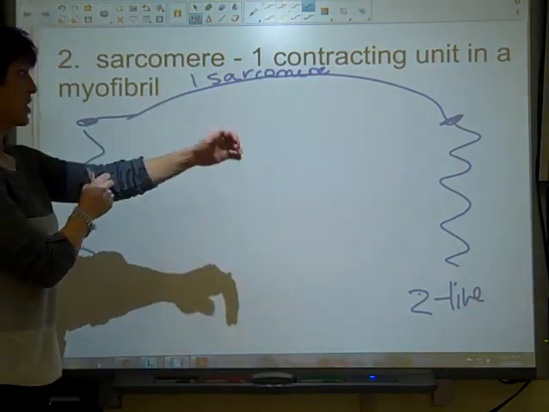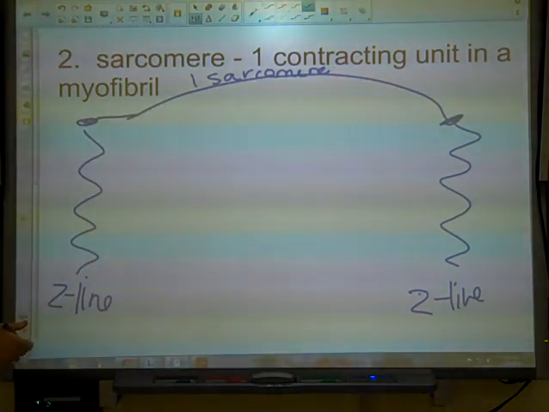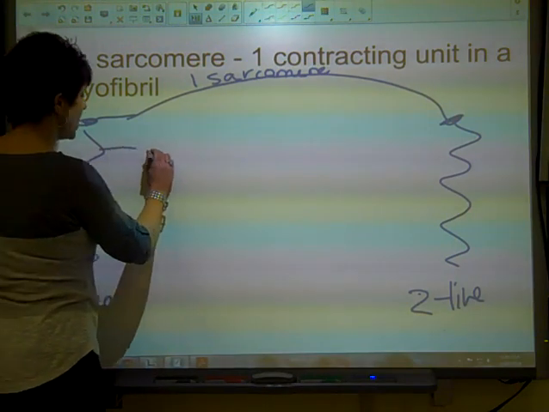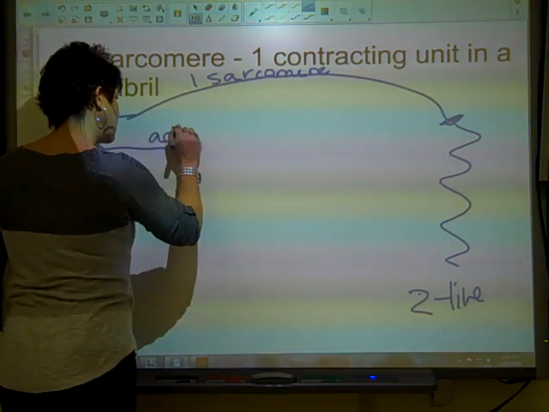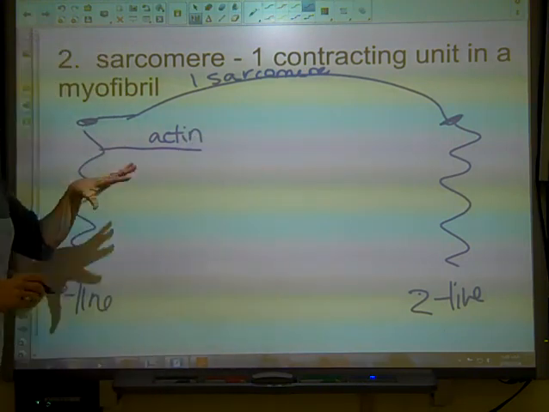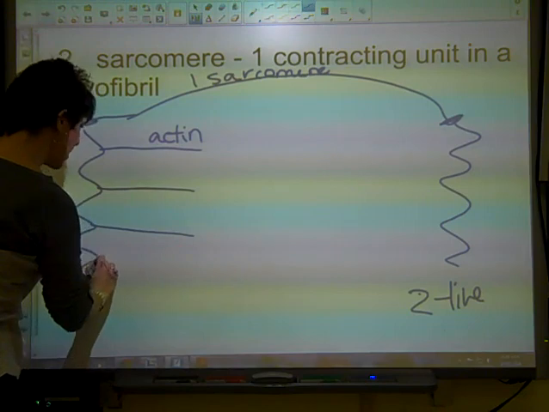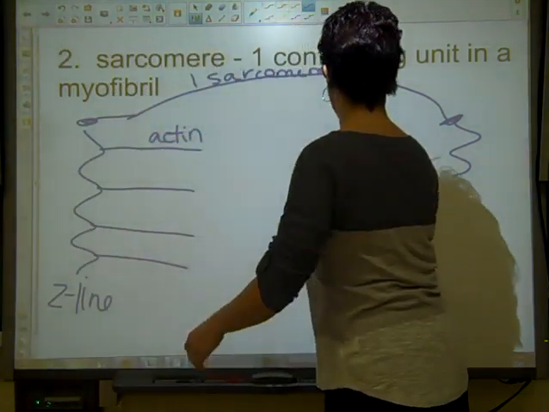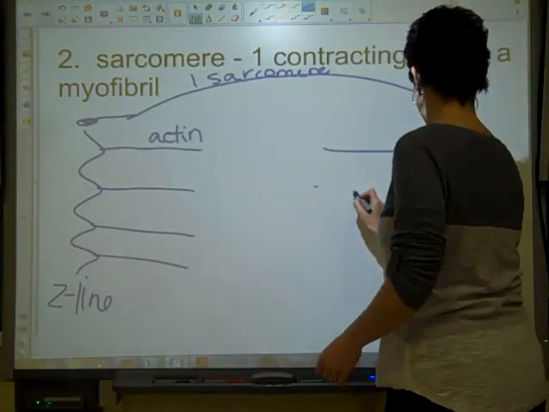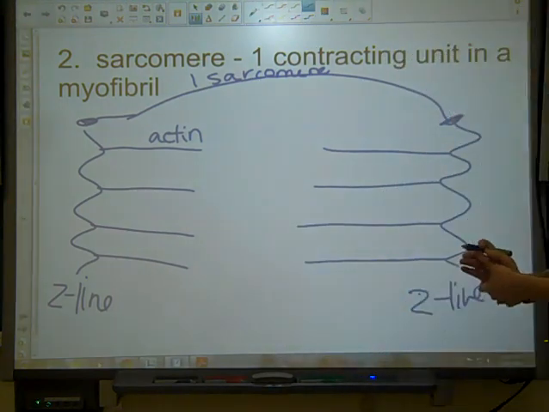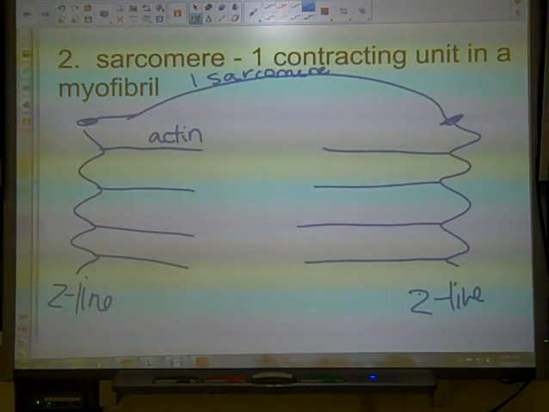So when a sarcomere contracts, that will get smaller. All right, attached to the Z line is actin. And actin, again, is the thin protein. So we're going to have actin coming out here, here, and here, and across on the same side, on the other side, we'll have some more actin. So all of that is actin right there.